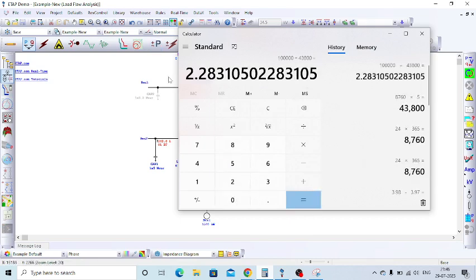So in 2 years and 3 months, we are able to save the total installation cost.